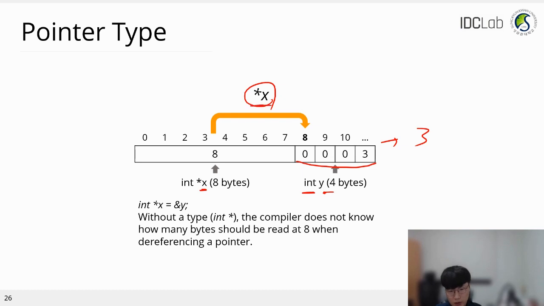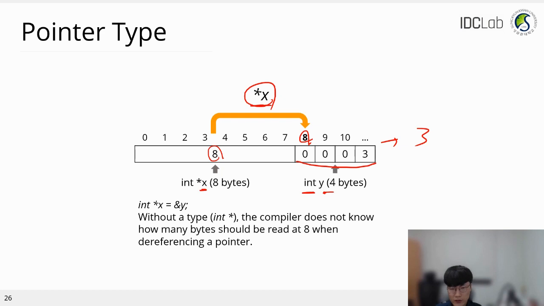Because the memory address stored in x is 8, we access the memory address 8. But the problem is how many bytes we have to read from the memory address 8. It depends on the type of the variable that is pointed to by x. Without this information, we cannot retrieve the value stored in the variable that x points to.